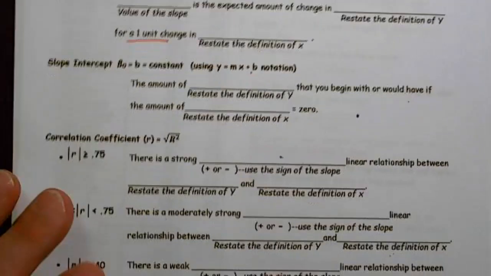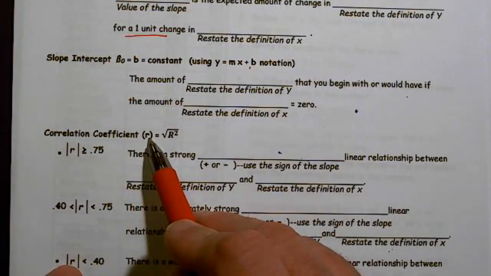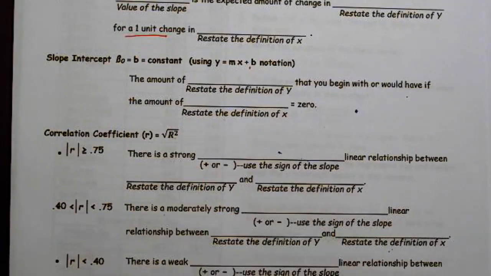Our correlation coefficient tells how strong the linear relationship is. By the way, the correlation r equals the square root of r squared, and we'll talk about r squared in just a moment.